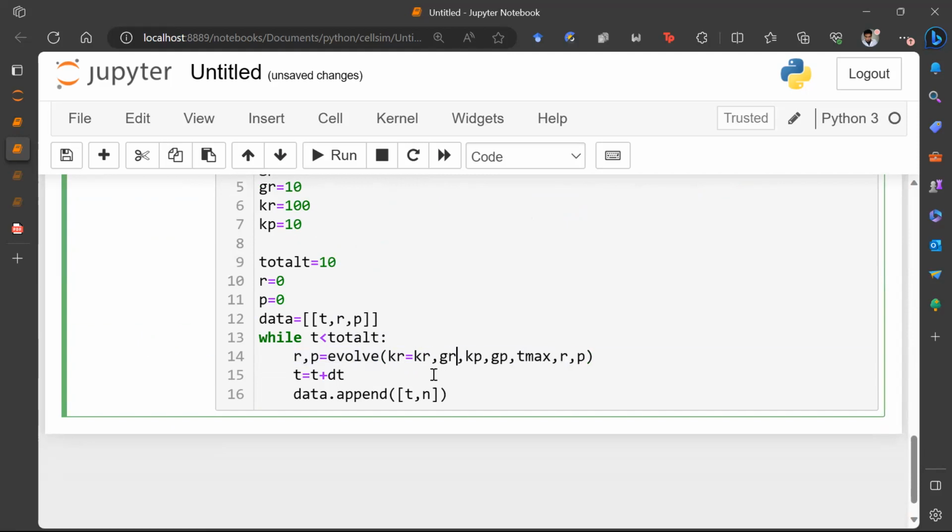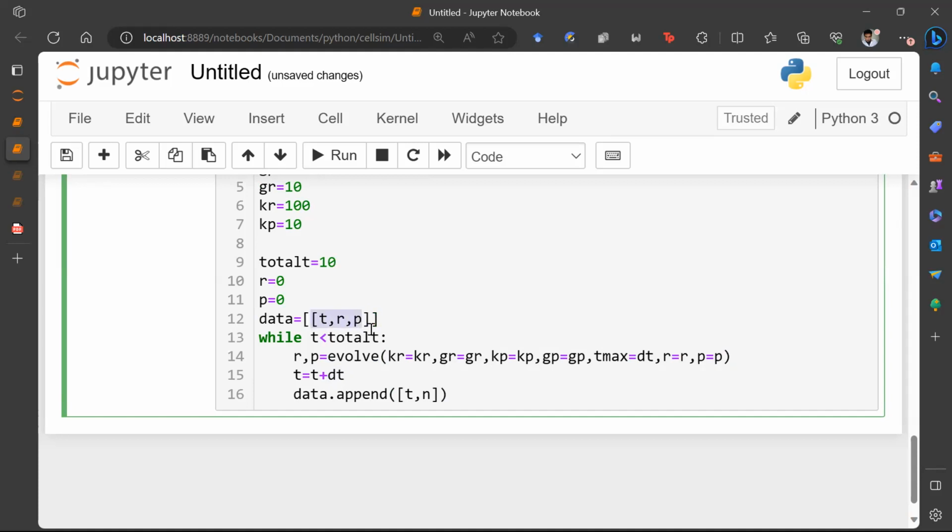So KR is KR, GR is GR, KP is KP. Tmax now is going to be my DT, because I'm simulating the system every DT and exporting the data in this array, and the rest is the same.